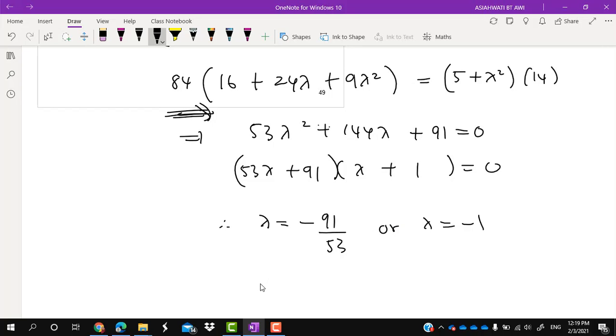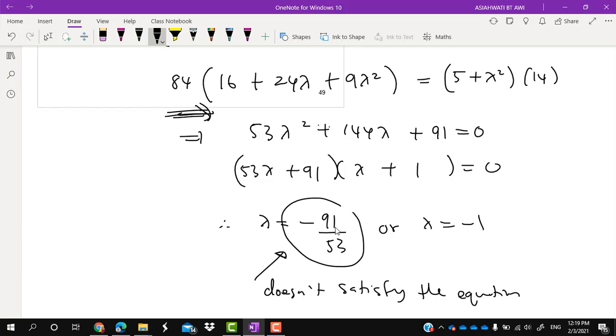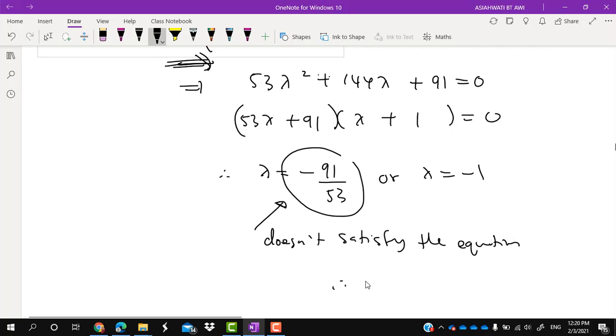If you check this value, negative 91 over 53, it doesn't satisfy the equation. Substitute into vector A, find vector A dot vector B and read again. This one is not satisfied. So the answer is only lambda is equal to negative 1. Done.